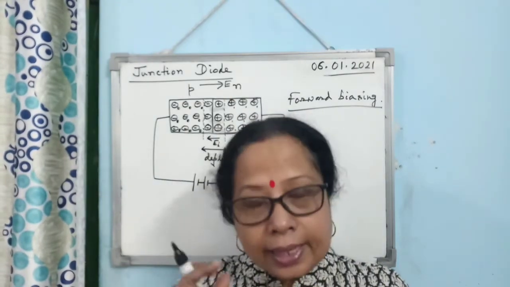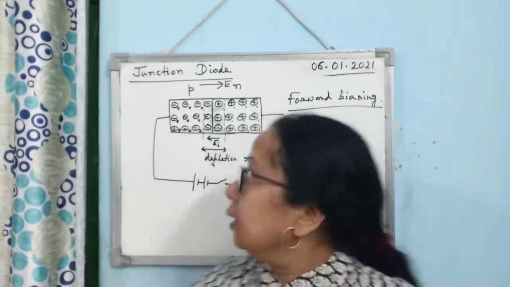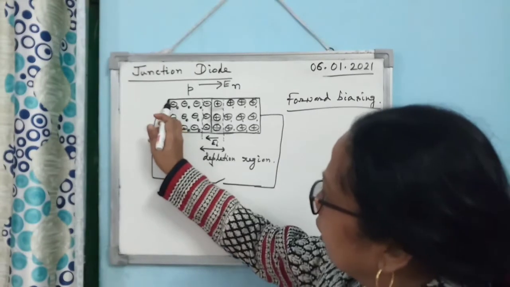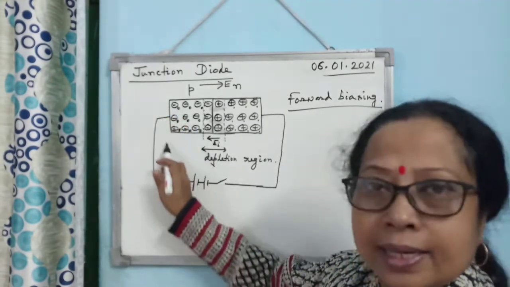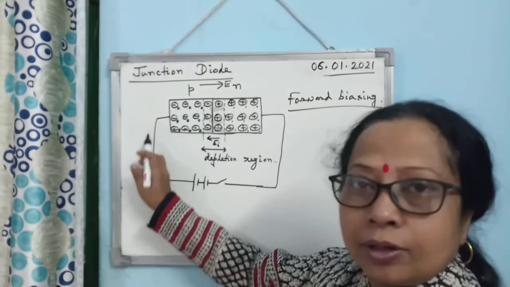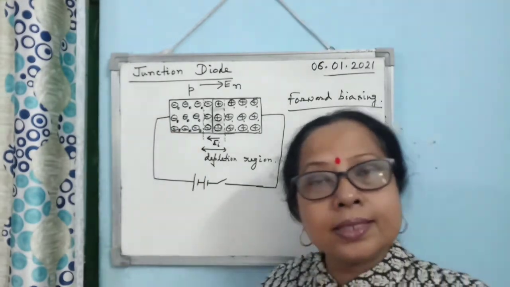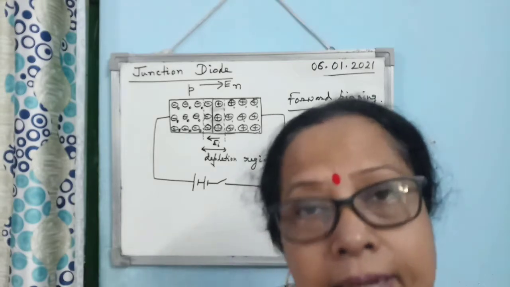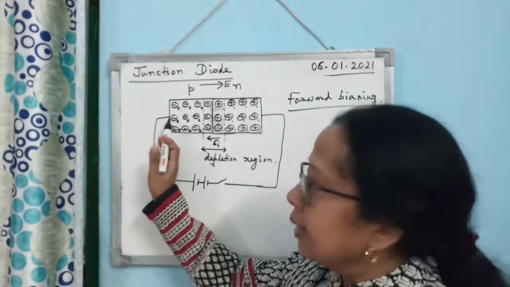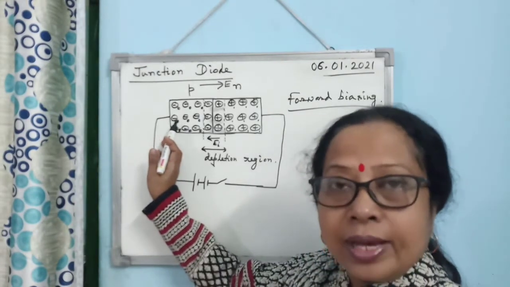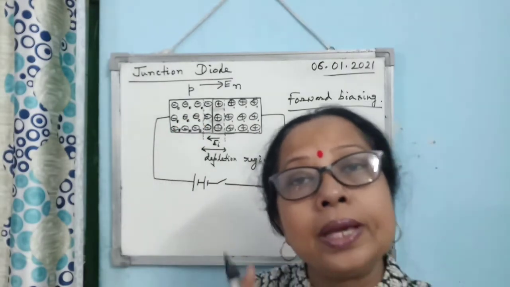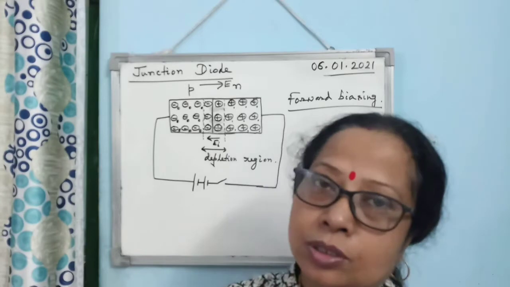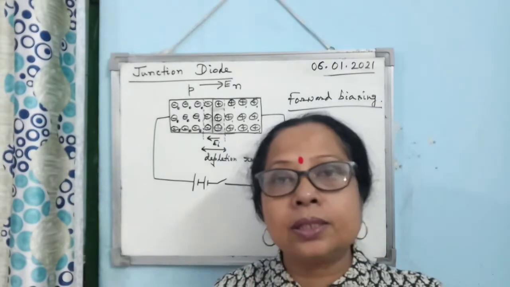Alright. Then third point. As a result, covalent bonds will break at the battery end of the P region, and an electron hole pair will be produced. I repeat, what is the third point?